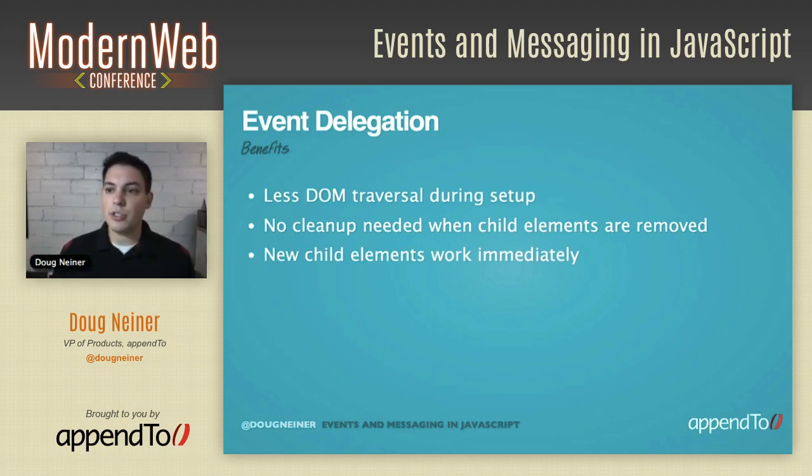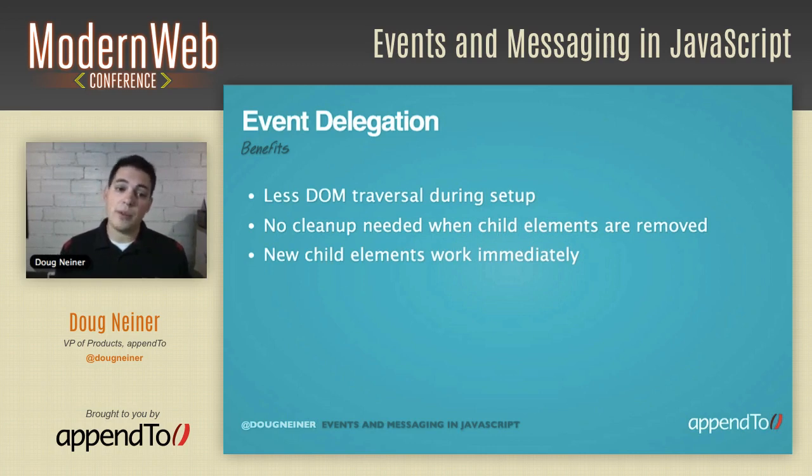Some of the modern day frameworks do this for you automatically. Backbone, I know, is one of them. React from Facebook does this automatically, and theirs is even more complicated because it's a synthetic event system. Some of the benefits, I'm not going to spend too much time on this right now, but there's less DOM traversal during setup. You're not having to get a reference to each item that you want to apply an event handler to.